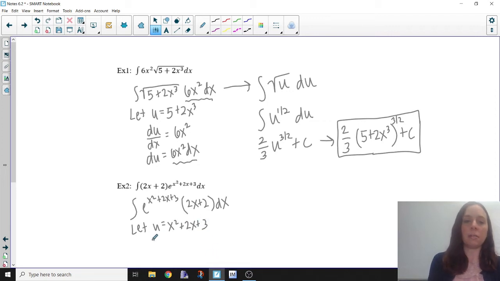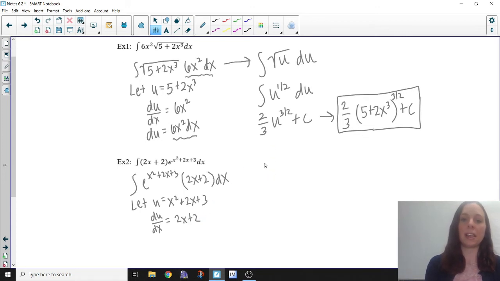Take its derivative, du dx, and you're going to find 2x plus 2. We see that right there in the original problem, right? Move the dx over. And this equation tells you that 2x plus 2 dx can change to du.